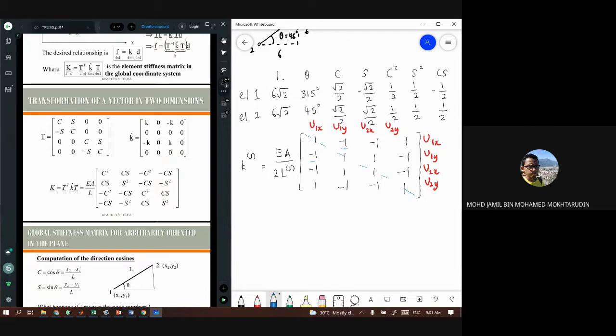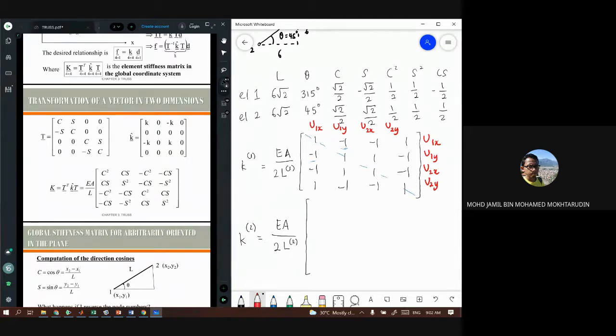And now we can create the stiffness matrix for the second element. The same formula, and just plug in the cosine and sine.